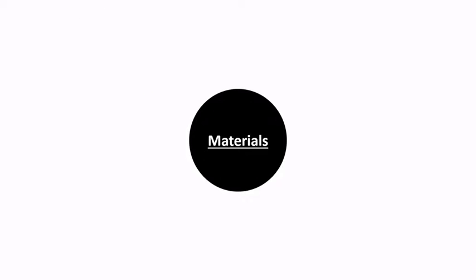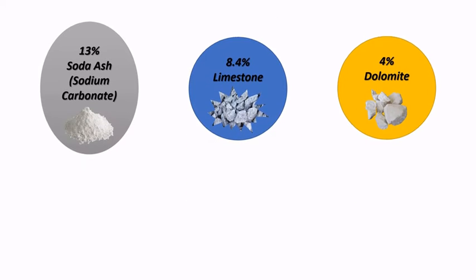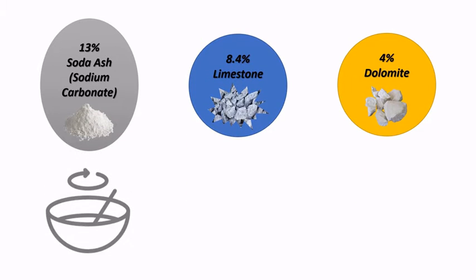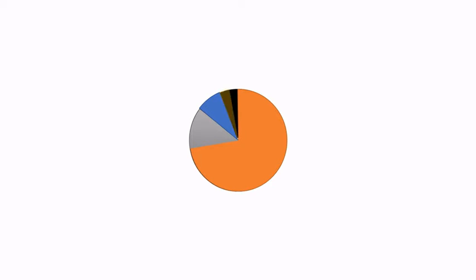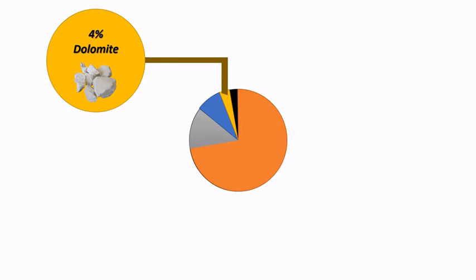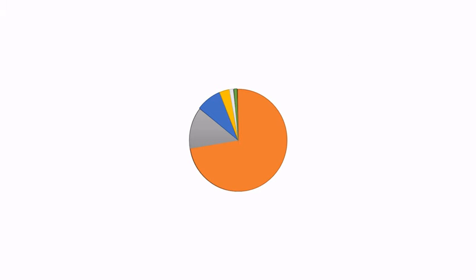The process begins with the reception and addition of the raw materials to the industrial machinery. Technically, and according to its proportion, the process requires 72.6% sand, 13% soda ash or sodium carbonate, 8.4% limestone, 4% dolomite, 1% alumina, and 1% of other possible materials.